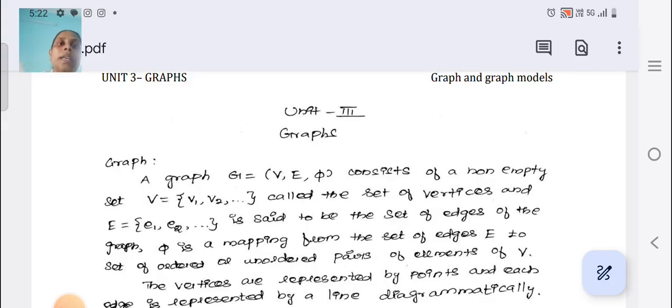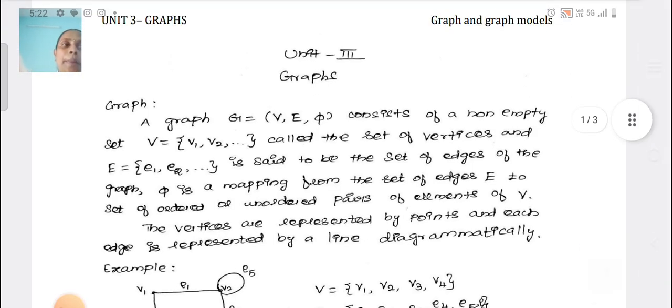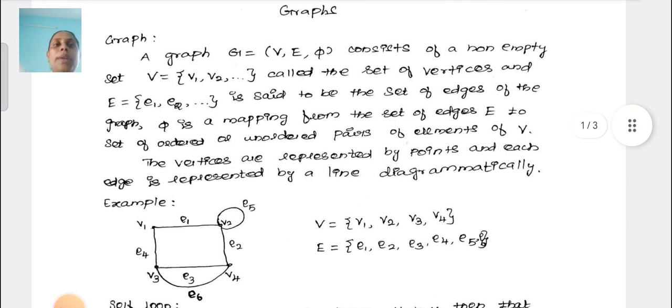Next, phi is a mapping from the set of edges E to the ordered pairs of elements of V. The vertices are represented by points, and each edge is represented by a line. Let's see one example.